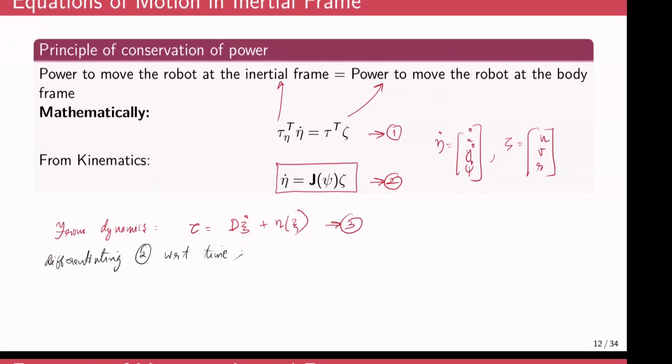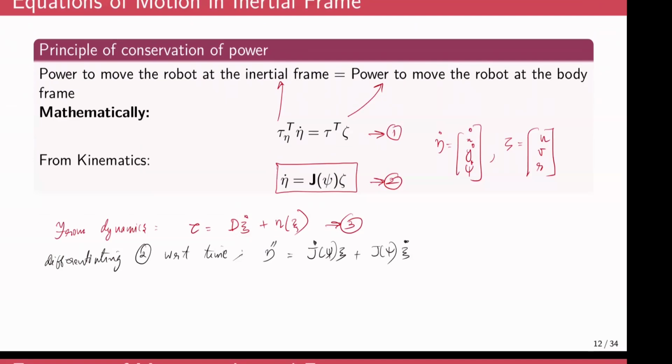We have to apply the product rule. So eta double dot is nothing but J dot of psi multiplied by zeta plus J of psi multiplied by zeta dot.